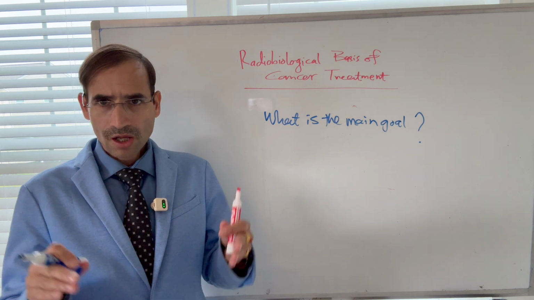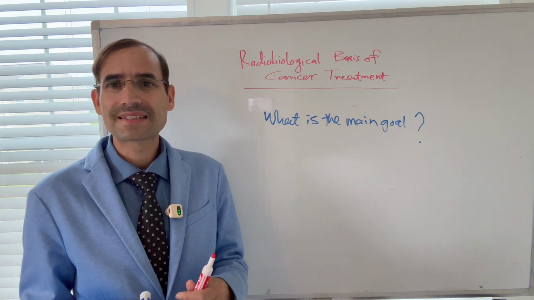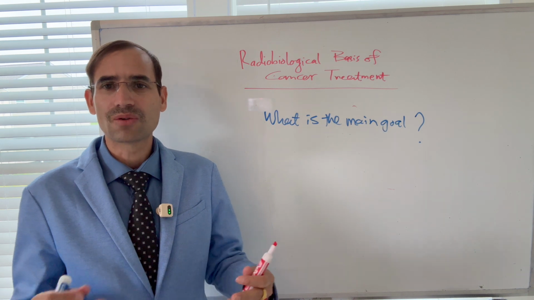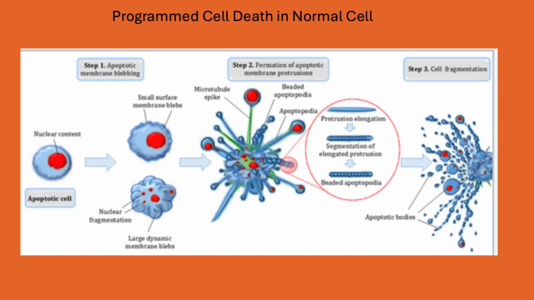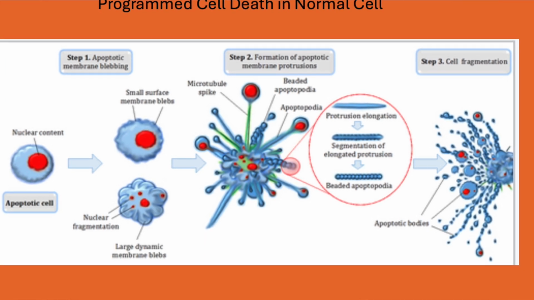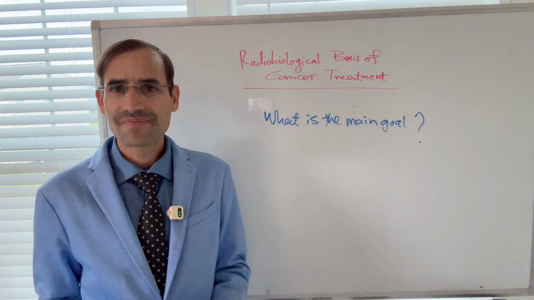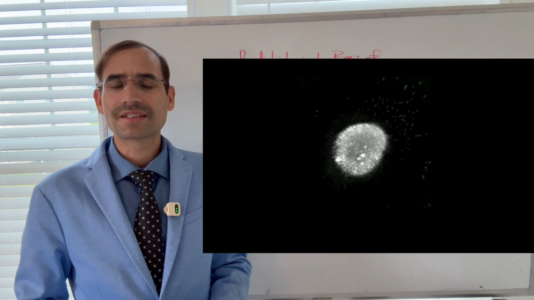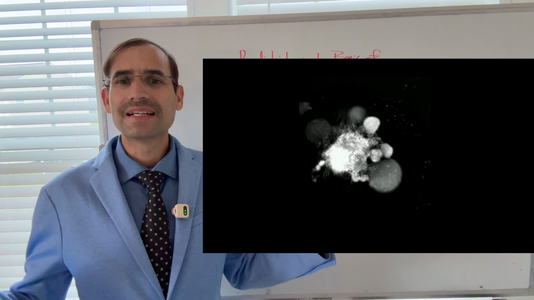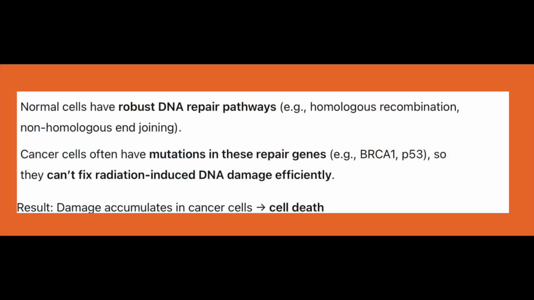We know that the cancer cell divides quickly because it bypasses the signaling system in our body that tells a cell when to divide, when to grow and mature, and when to die. The tumor bypasses that mechanism. It grows unchecked and is less efficient at repairing damage, so it is more vulnerable to radiation.